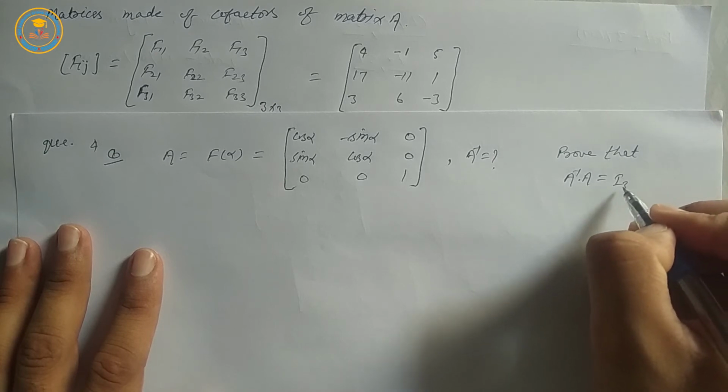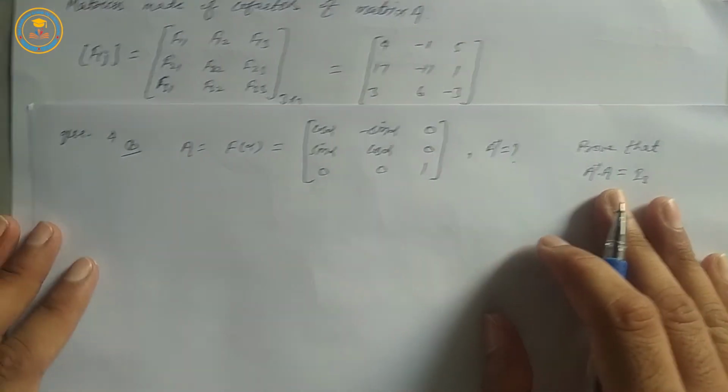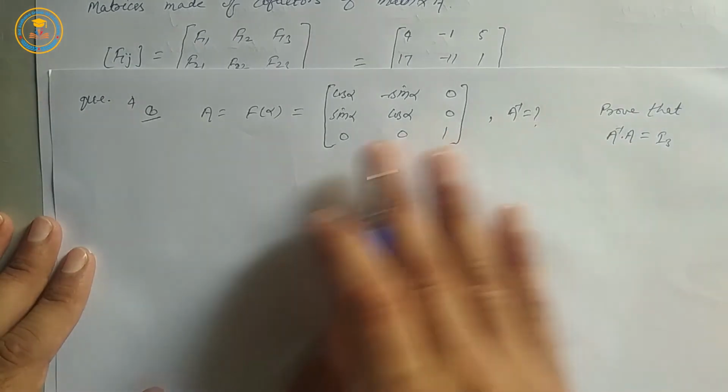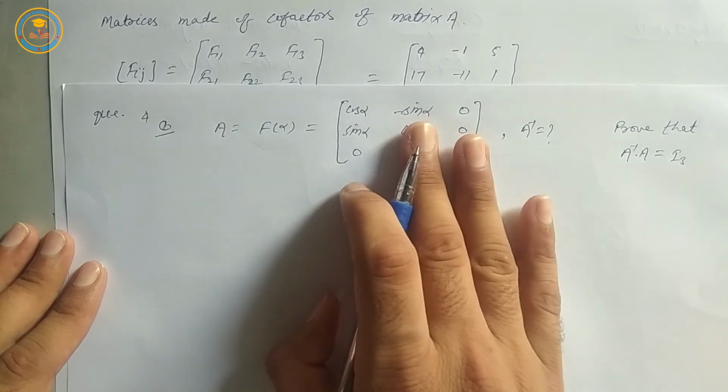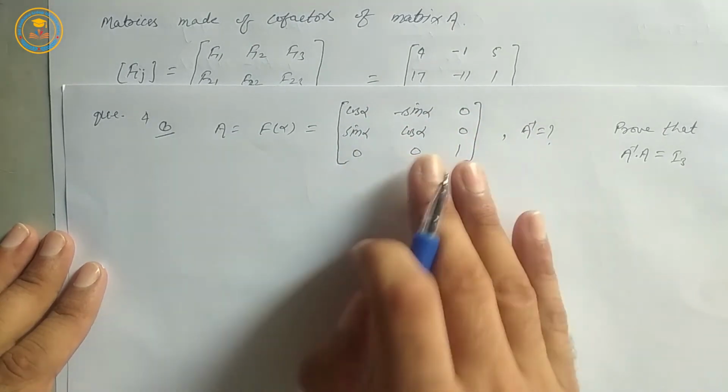I3 means the identity matrix. Before A inverse, matrix A equals cos alpha, minus sin alpha, 0; sin alpha, cos alpha, 0; 0, 0, 1.